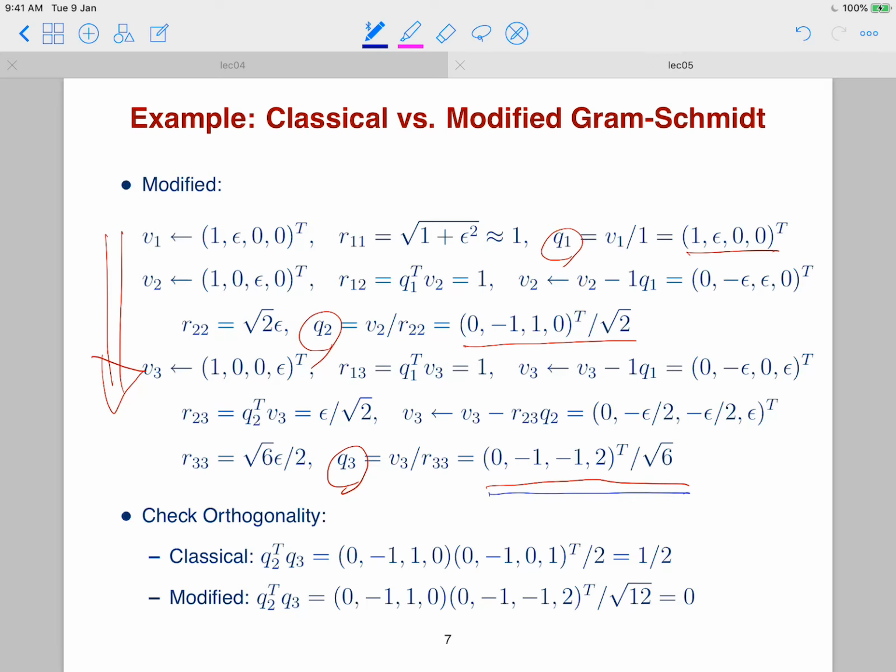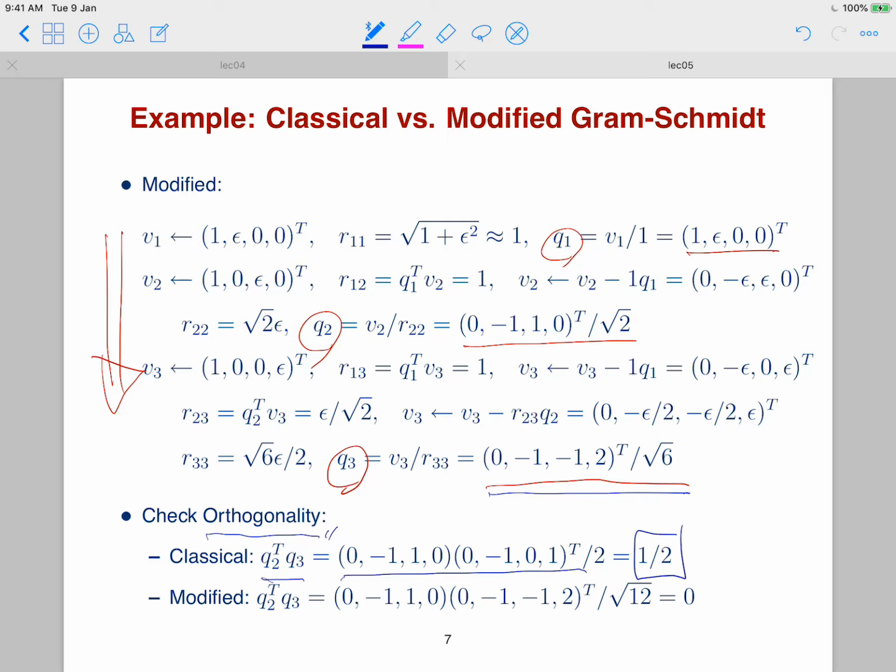Okay, and so in this case, let's just check the orthogonality. Orthogonality between Q2 and Q3 is computed as follows. In the case of the classical one, surprisingly, it will not produce a 0 inner product between the second and the third component, right?